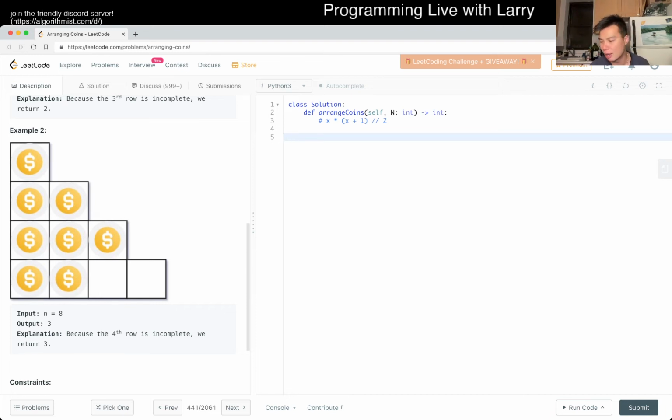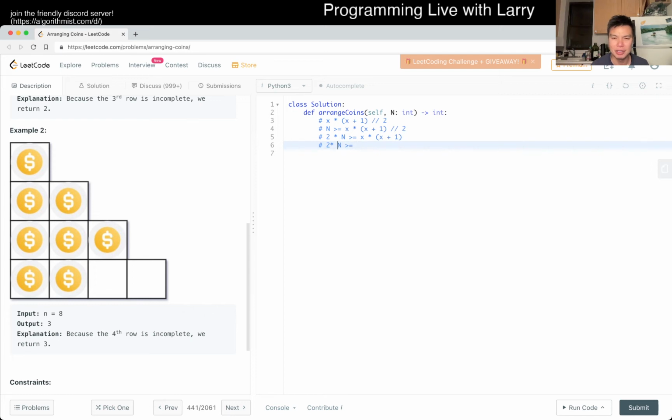Maybe I need a better way of thinking about it, but yeah, so this formula is correct, right? I would probably do this on paper, but you have some n, and you want the largest x for which this is true, right? So now we just solve for it. 2 times n, and then maybe take the square root, and we could play around with this formula. You could solve this more directly, maybe.